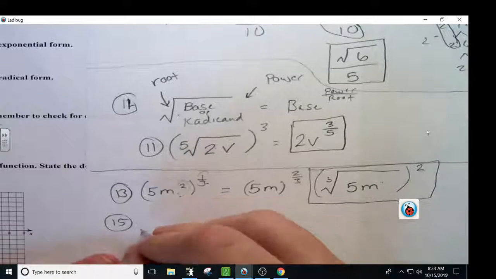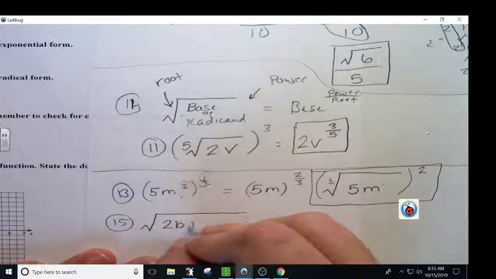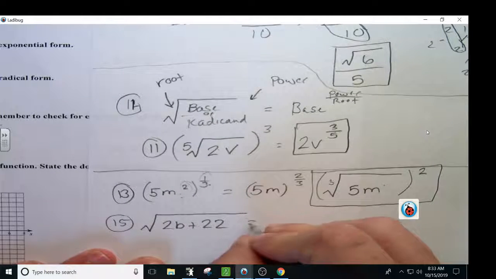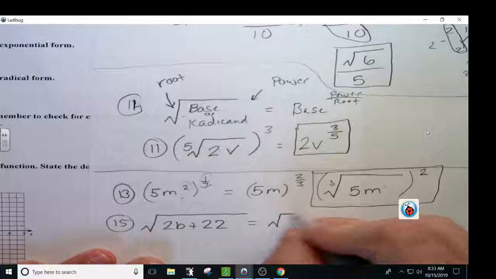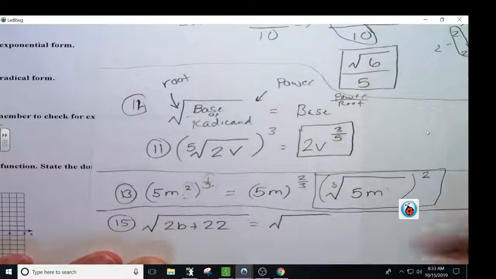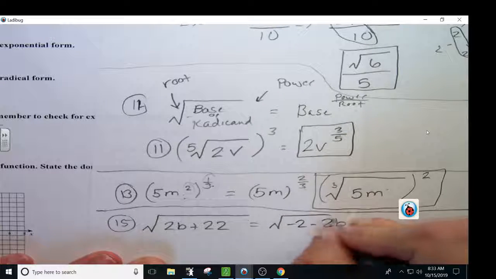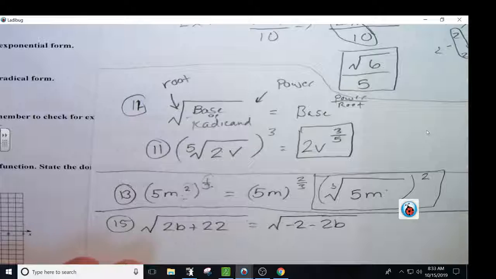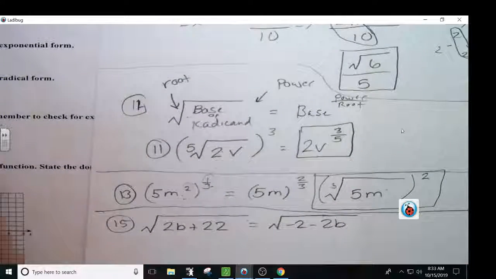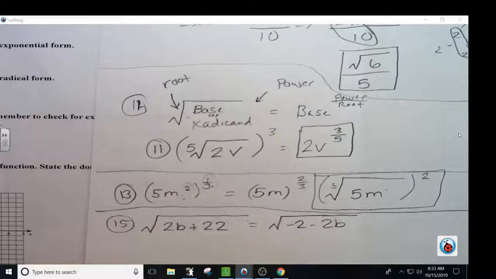All right, now we got the square root of 2b plus 22 equals the square root of negative 2 minus 2b. Now, what's our ultimate goal here in this problem, guys?